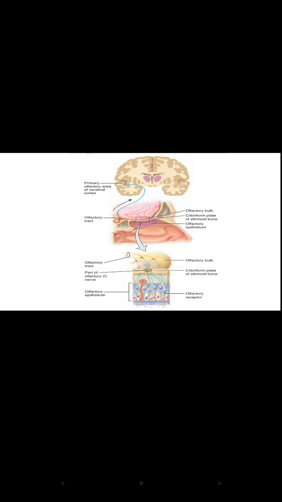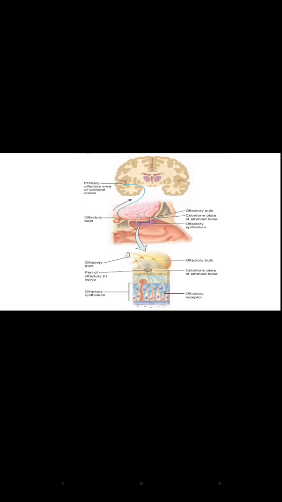Then these olfactory nerves will go through the ethmoid bone opening, which is known as cribriform plate of the ethmoid bone. From there, these will join with the olfactory bulb. This bulb will have neurons also, and these olfactory receptors will join with the neurons which are present in the olfactory bulb.